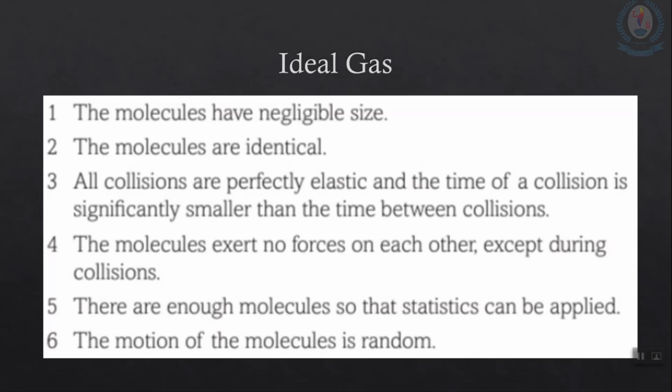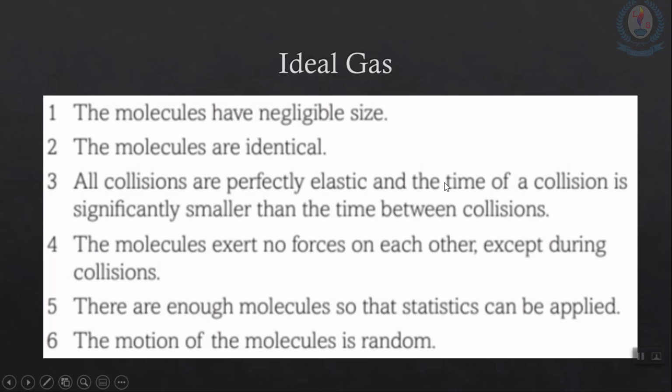That means no kinetic energy is lost during collisions, and the collision time is significantly smaller than the time between collisions. This says that there is negligible potential energy. Then molecules exert no force on each other except during collisions.